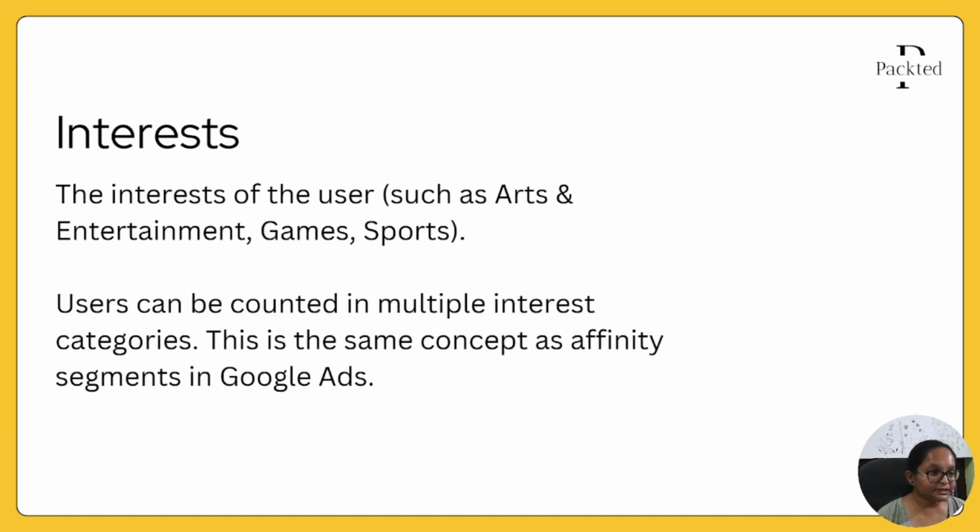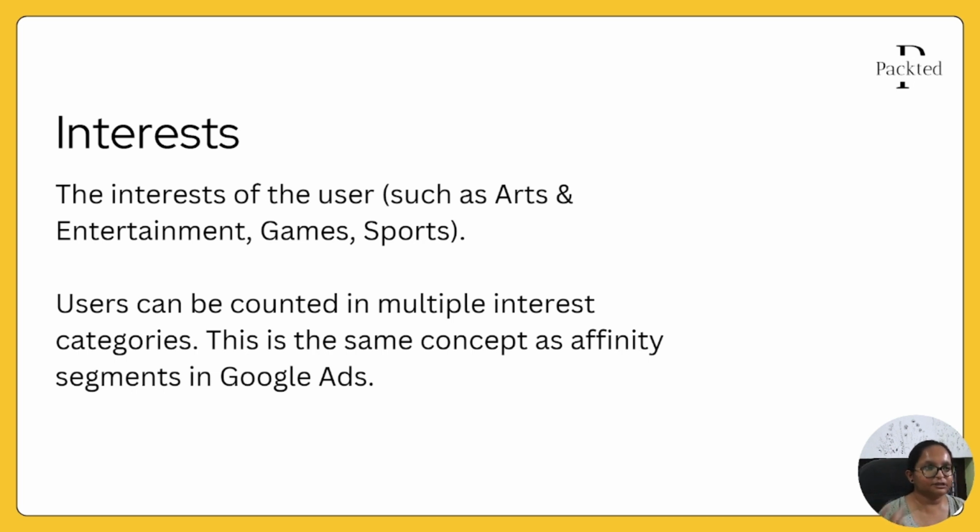The next is interests. So this is a little interesting. So the interest of the user, such as arts and entertainment, games, sports, basically what they are interested in. Some people are interested in technology, people are interested in gardening and games, sports, things like that. So this will populate the dimension, and users can be counted in multiple interest categories.